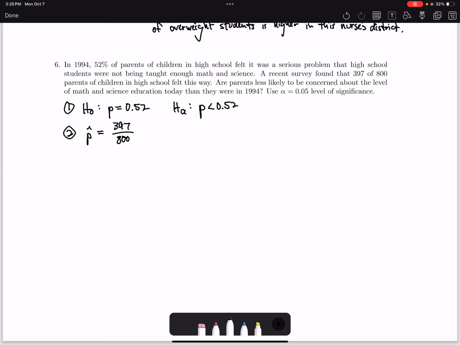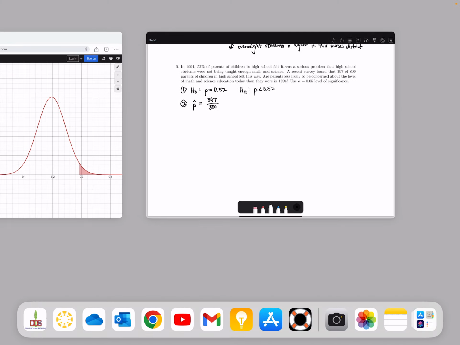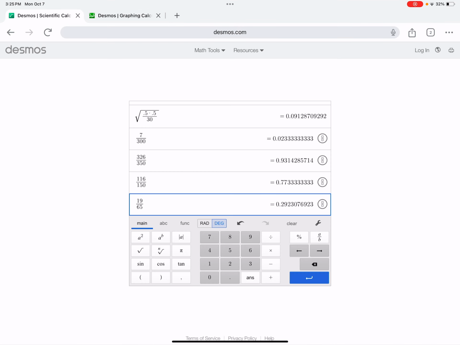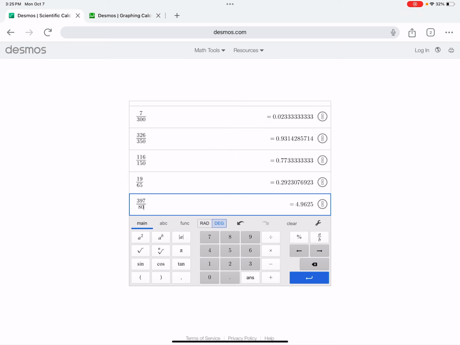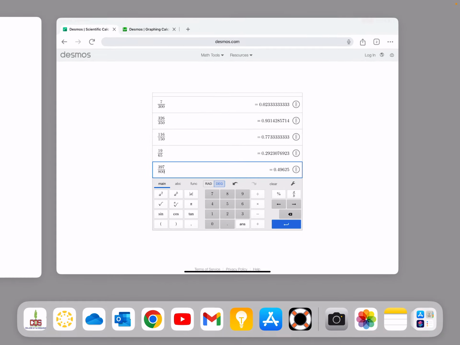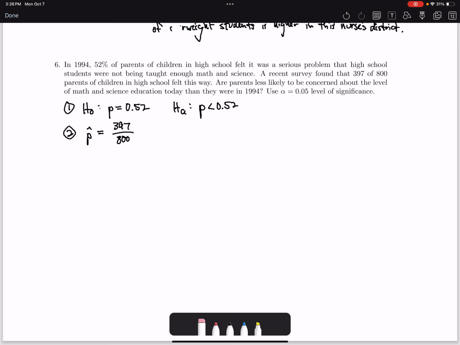In our sample, 397 out of 800 is about 49.6%.